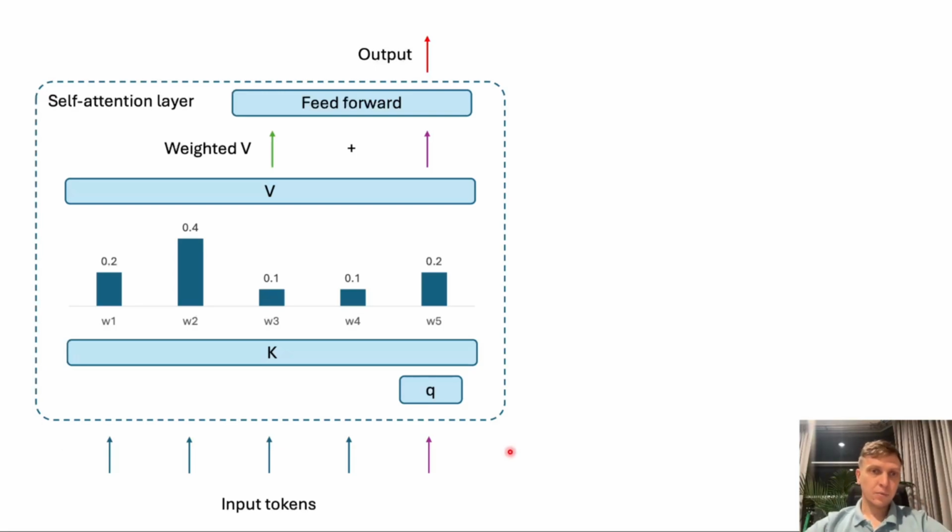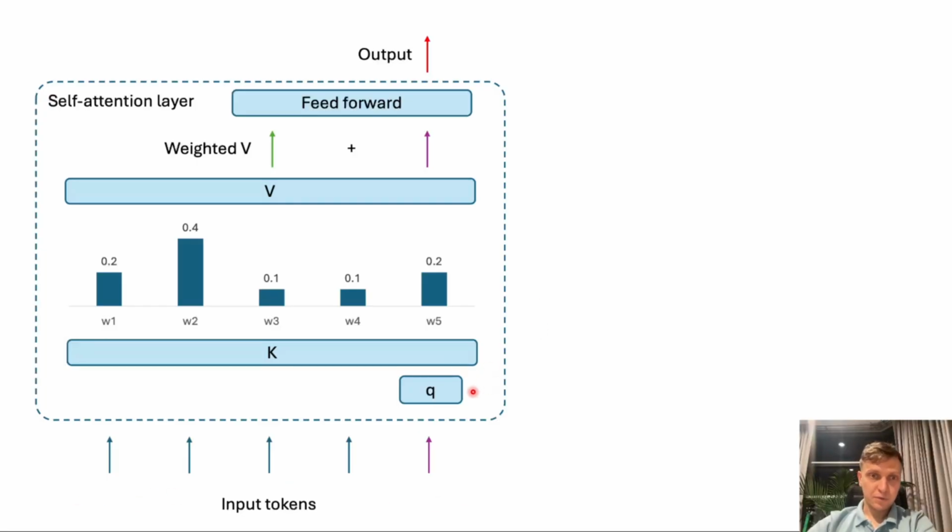Let's say we want to look at one particular vector. In this case, it's the fifth vector out of 5 inputs, and we want to see how computations for this vector work. First of all, we compute the query based on this input vector, and then we compute keys for every input vector that this vector can attend to. For simplicity, let's assume that it can attend to all 5 vectors here.